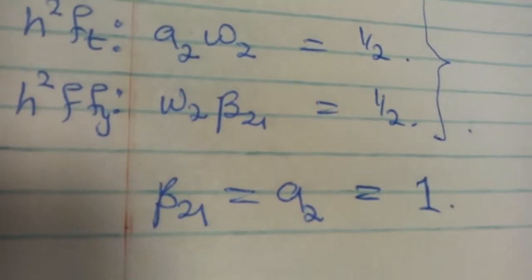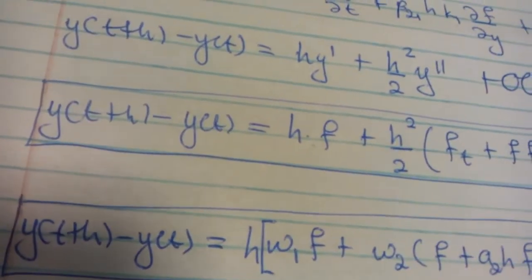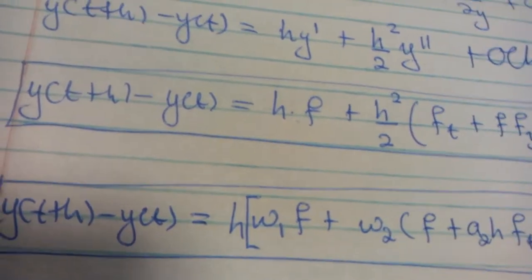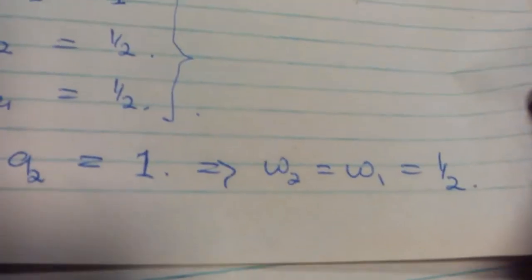Right. If I make this choice here, I'll end up with what? This implies w2 equal to w1 equal to 1 over 2. That's the implication.